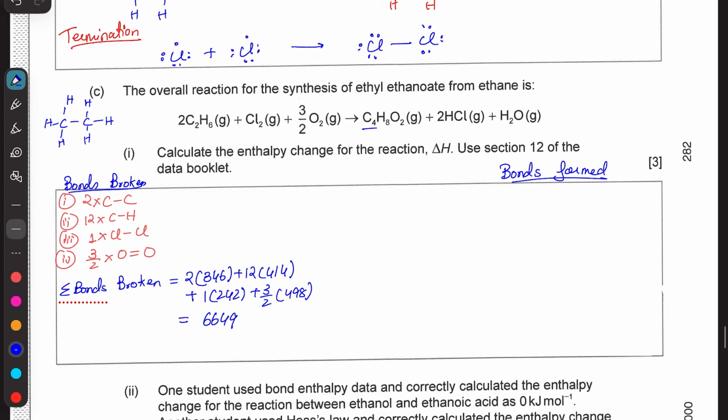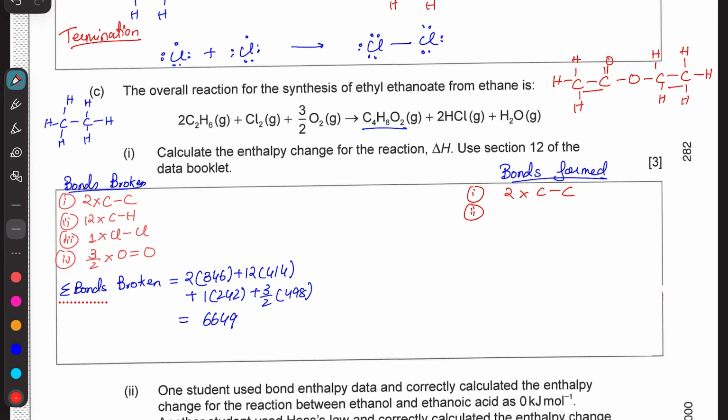Now, ethyl ethanoate, if I just draw the structure again, it looks like this. Ethyl will be this part, CH2, CH3. This is ethyl ethanoate. So again, if I want to find the bonds formed, there are two CC bonds in C4H8O2, this one and this one. So 2 times CC.